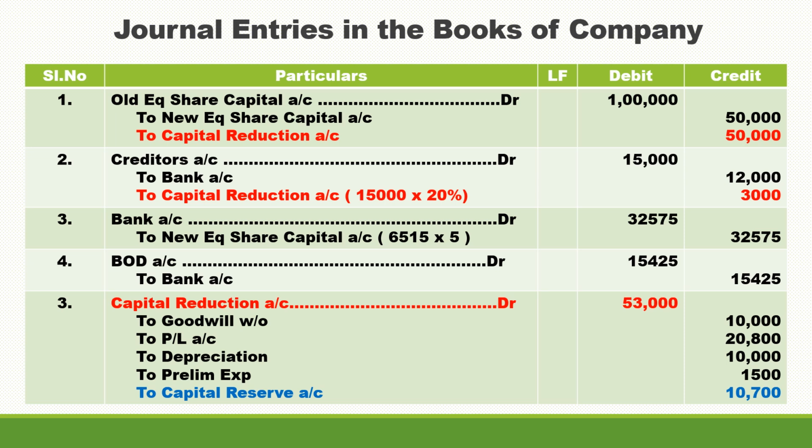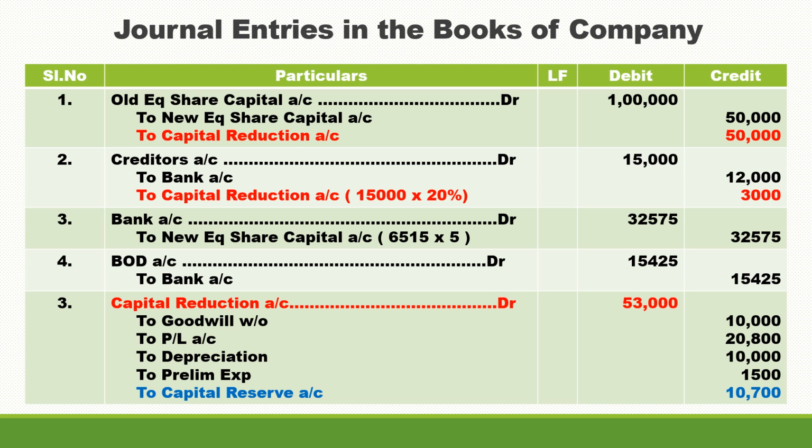Bank account debit to equity share capital account, 6,515 shares are issued at 5 rupees, 32,575. Then we have bank overdraft account debit to bank 15,425 paid off immediately. Total capital reduction comes to 53,000.